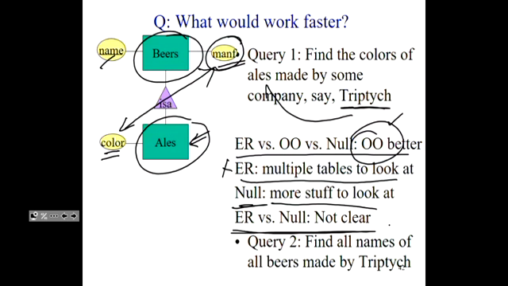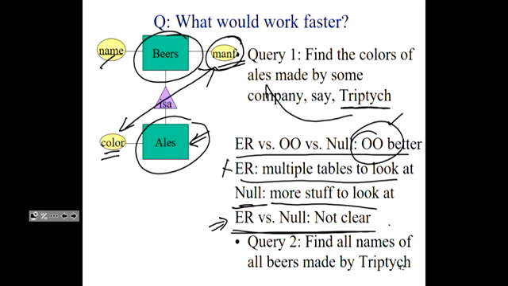Possibly the null valued approach might be better, but it certainly depends on the implementation of the database. A priori, with this level of information, I can't tell whether the ER approach or the null value approach is actually going to be better. The only thing that I can say is that the object-oriented approach is going to be better than the other two.